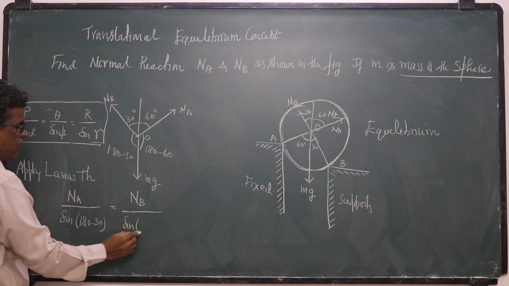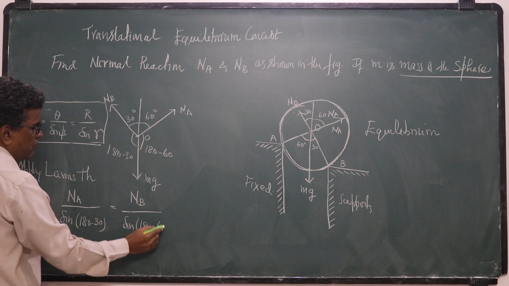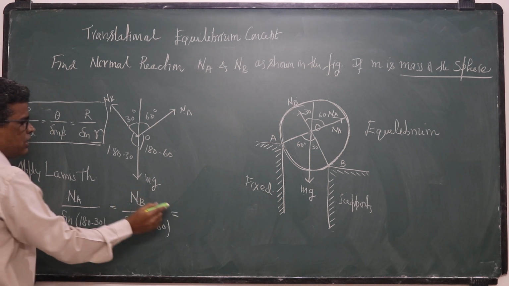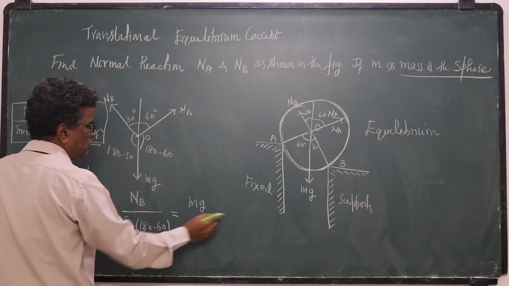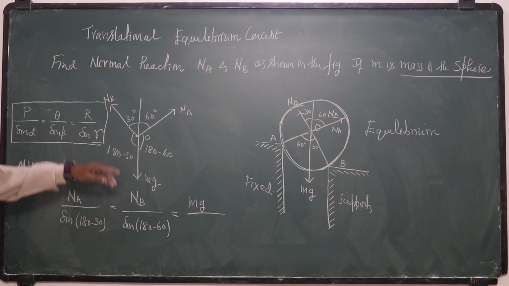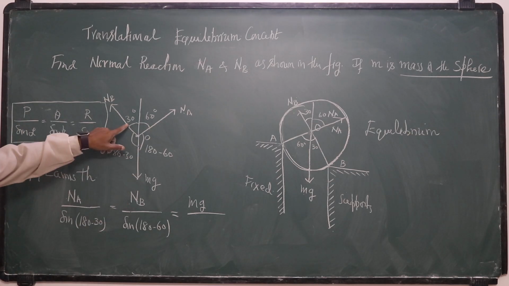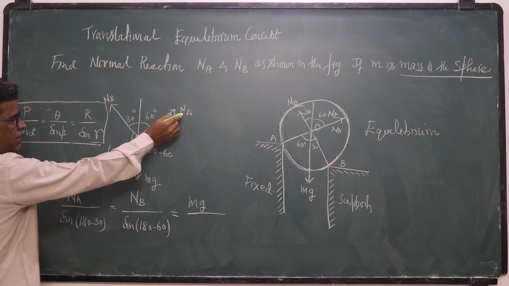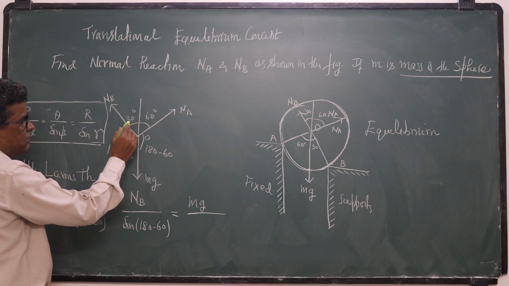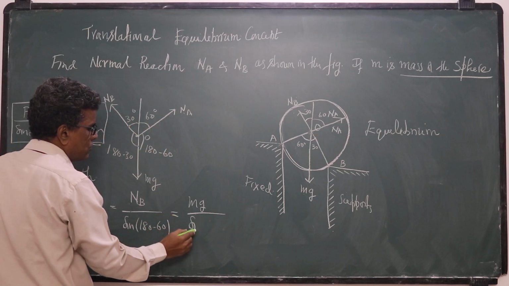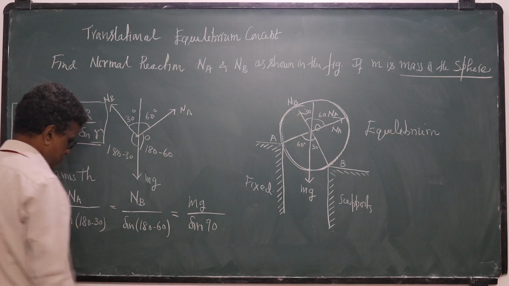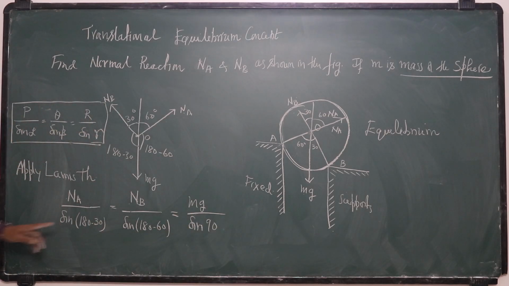So sine 180 minus 60, equal to mg, the weight of the sphere, by sine of the angle between NA and NB, 30 plus 60, so 90.